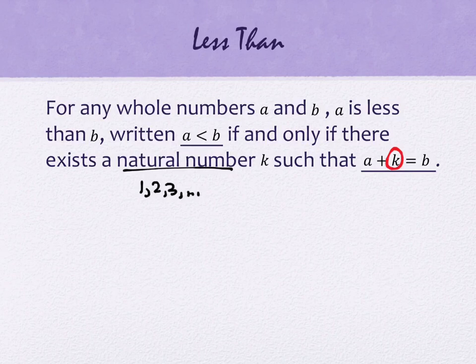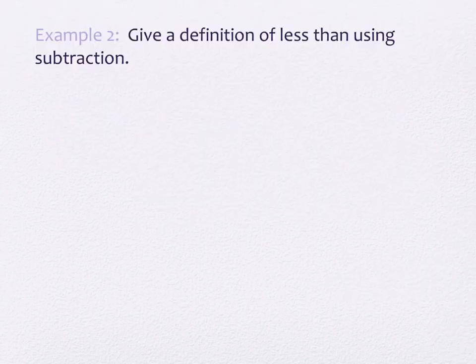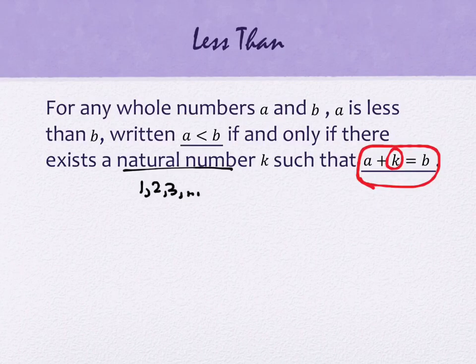The only part that's going to be different is this ending part where we used addition. And instead, this one's telling us to use subtraction. Okay? So go ahead and write down all those pieces, but your statement at the end needs to include a subtraction statement about A, K, and B instead of an addition statement.